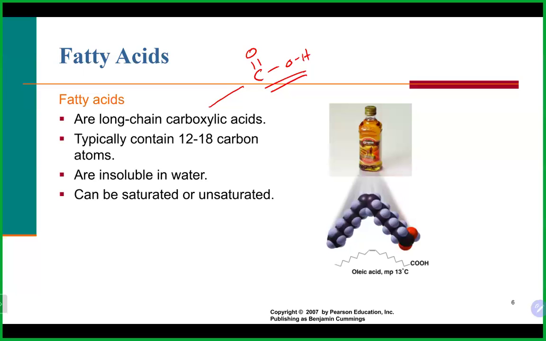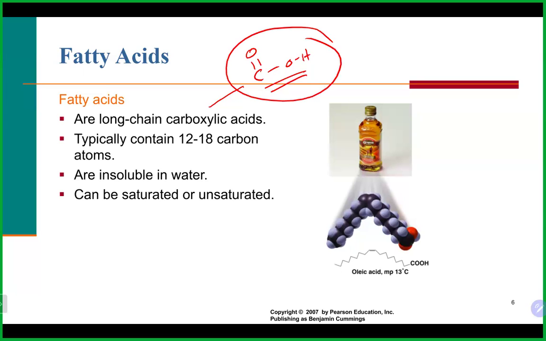If you remember from organic chemistry, once you hit about 5 or 6 carbons, solubility starts to really drop off. Even though we have a fairly good polar group at the end, because of that long chain of carbons, it's going to be pretty much insoluble in water.